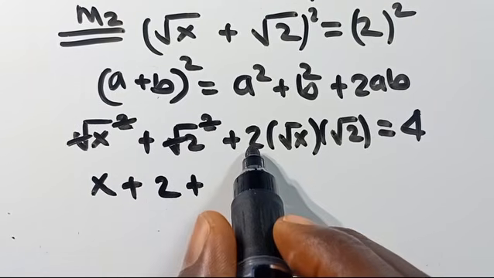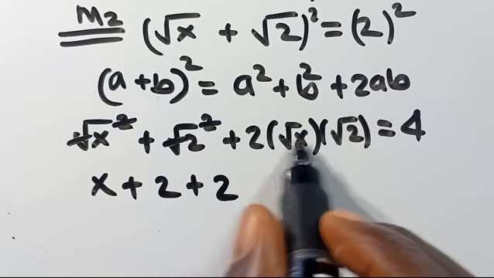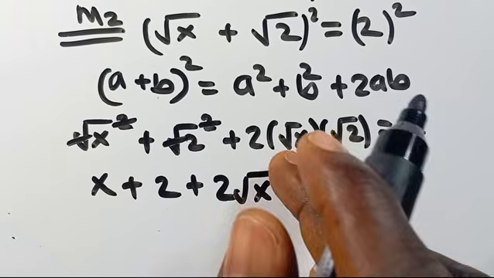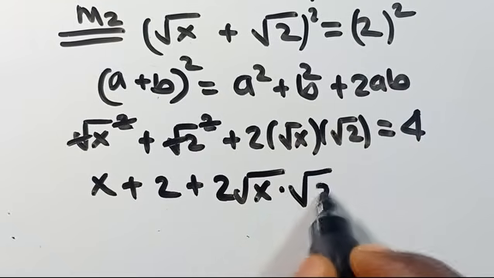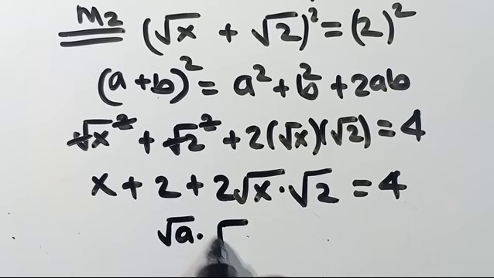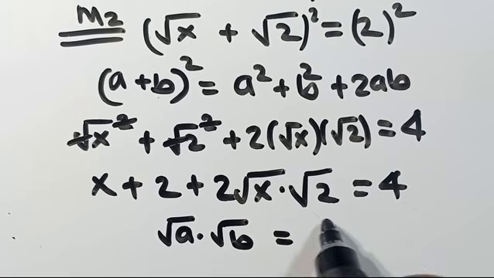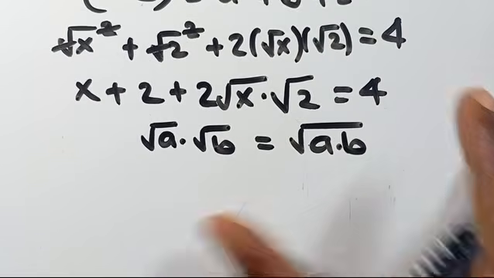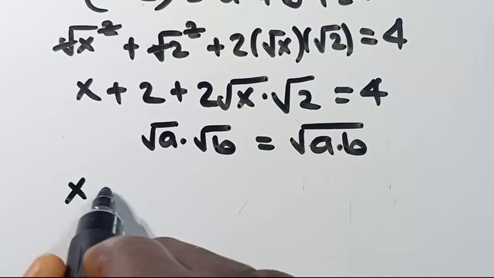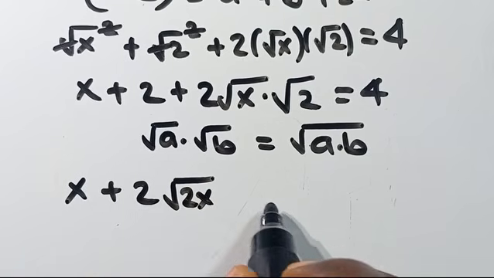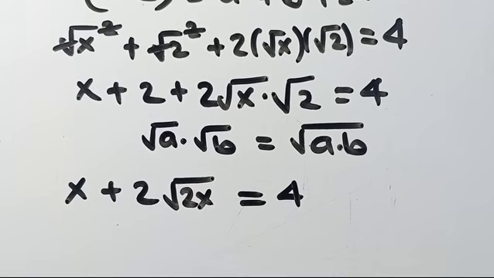Then we have 2 multiplied by root x times root 2 equals 4. Then let us recall when we have root a times root b equals root ab. So we have x plus 2 multiplied by root 2x equals 4.